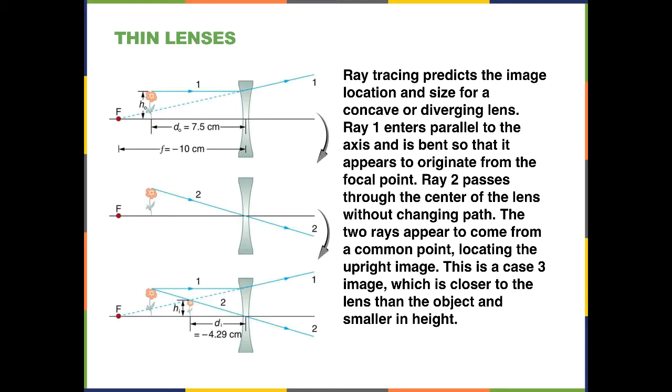What you end up with is where those two rays cross, that's where the image is going to be formed. With this diverging lens, it's inside but on the same side, and so it's a virtual image. It's now reduced and upright. And when it's a virtual image, di is negative. And again, remember, when you have a diverging lens, the focal length is negative.